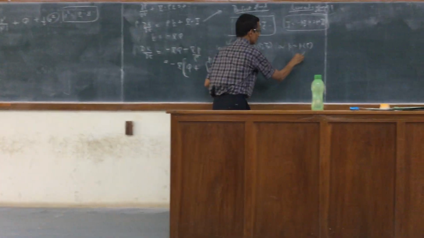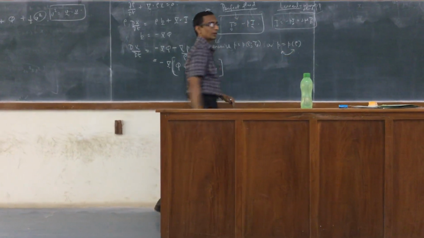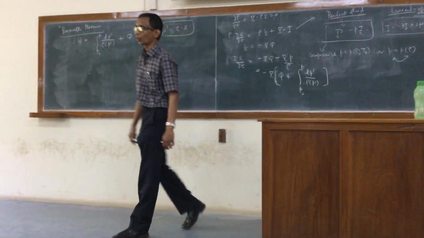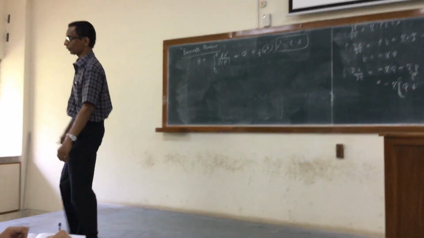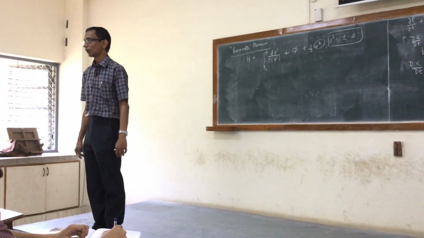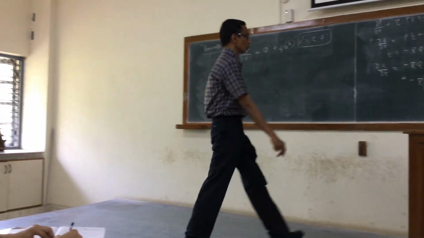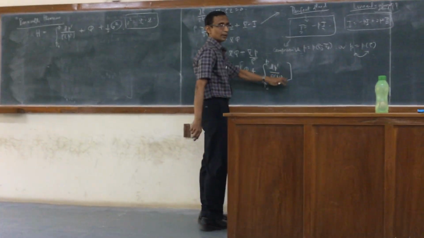Rho of P is the inverse relation which relates P to rho. Assuming I can express rho as a function of P, it is possible to show that this can be obtained.